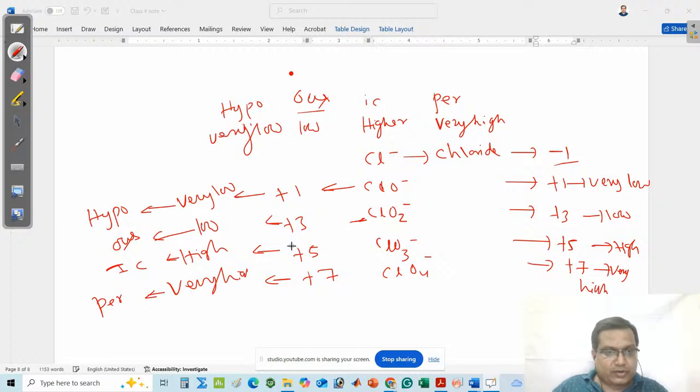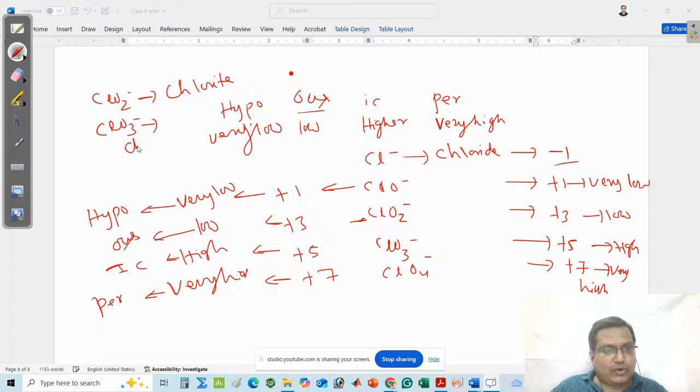Suppose what will be the name of this compound? ClO2 minus. ClO2 minus is your what? I can write here, we can write chlorite. Next, suppose I want to write ClO3 minus.